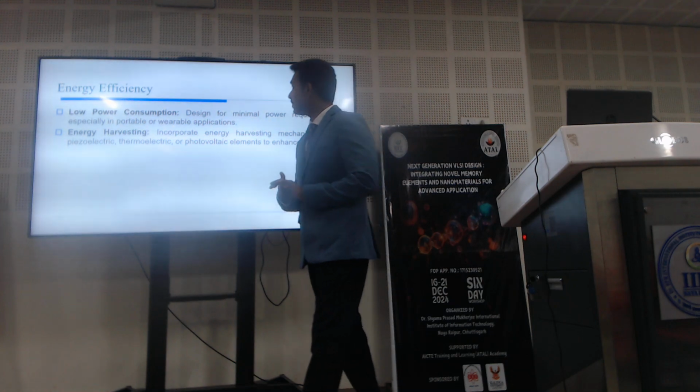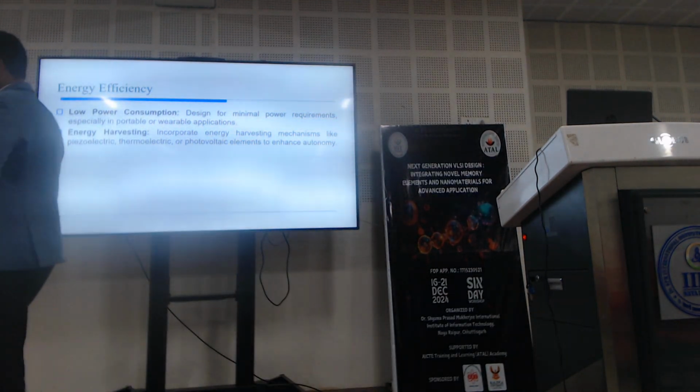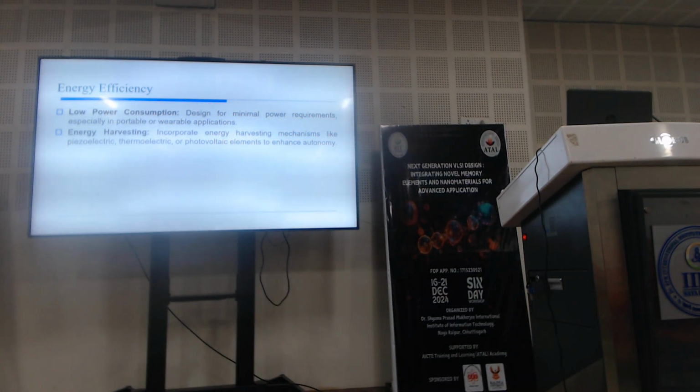And energy efficiency. In that, the first parameter is low power consumption. This obviously comes up everywhere. In electrical systems we talk about power consumption.